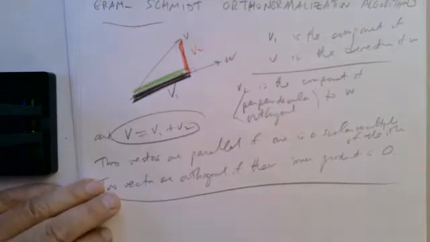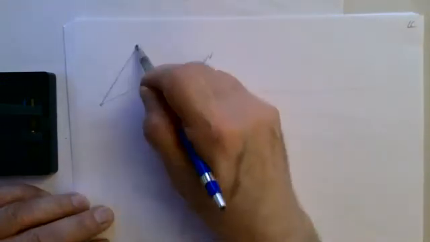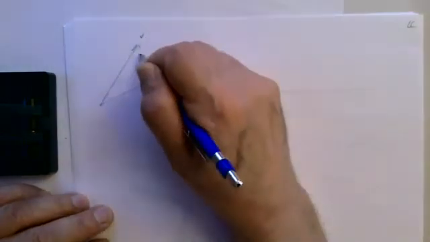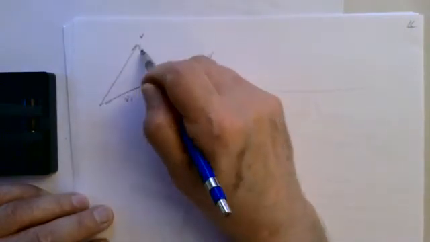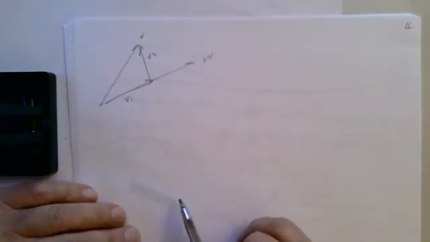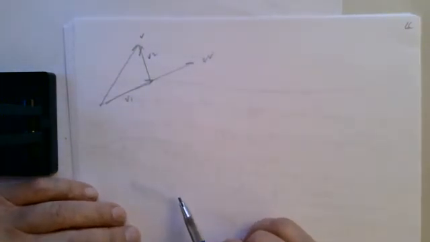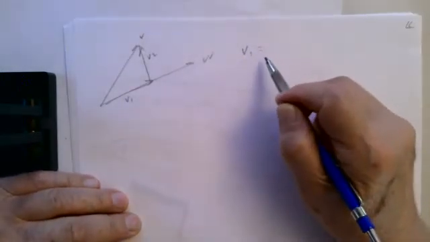So how do we make this decomposition? Well, let me get a decent piece of paper for this. Here's W. Here's V. I want this vector to be V1, this vector to be V2. So one vector parallel to W would be the following.